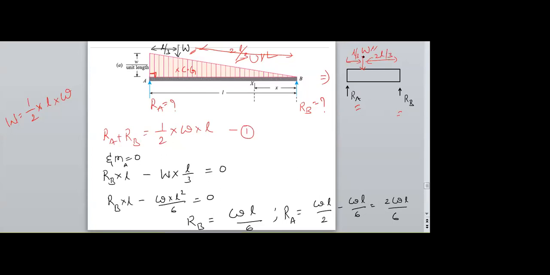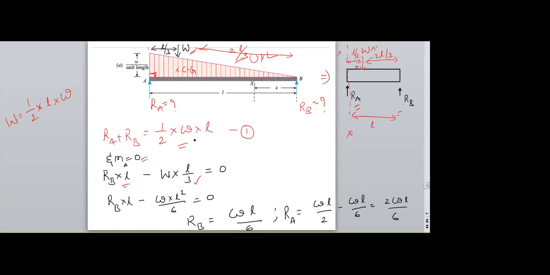The downward direction is capital W. The capital W is nothing but half small w into L. And the bending moment at A, therefore, RB into distance is L from A. Therefore, RB into L, and point load, that is the capital W, and its distance from A is L by 3. It must be equal to 0. The bending moment at A is equal to 0.